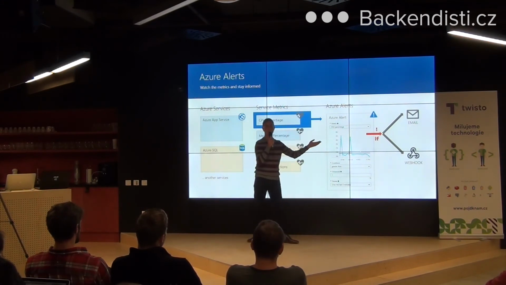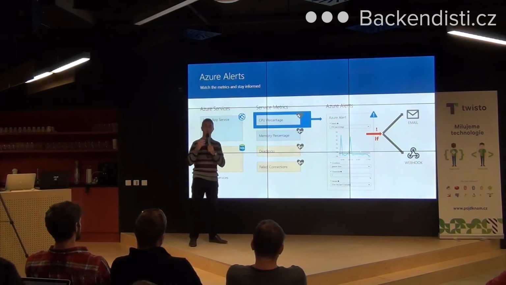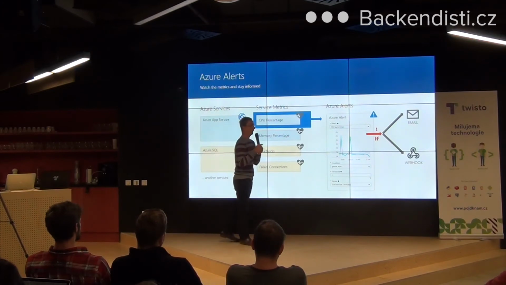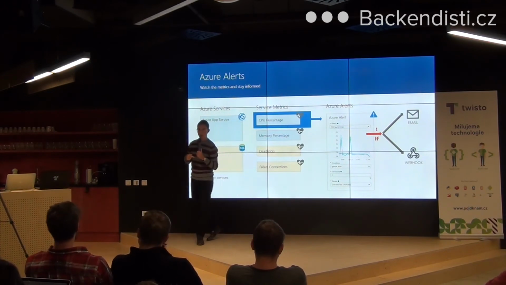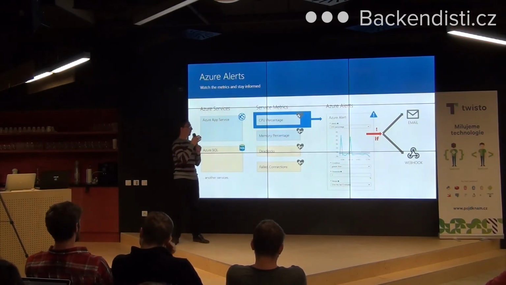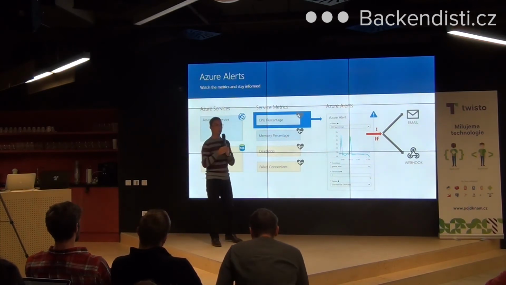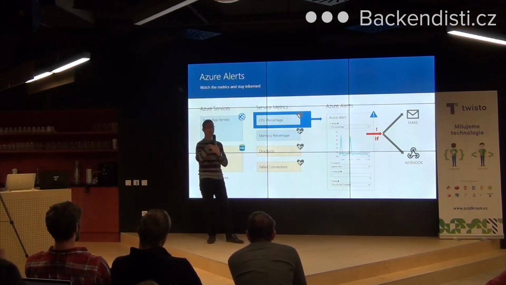So for the others, a webhook is, I think, very powerful because, okay, if you get an error and you can receive some email, that's quite good, but let's imagine you want to get an SMS message to your phone. So what can you do? You can define an HTTP endpoint in Azure App Service, and once some error happens in your application, Azure will send a post request to the endpoint with some JSON body.